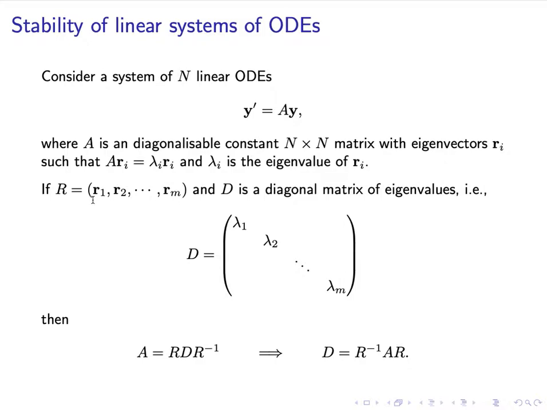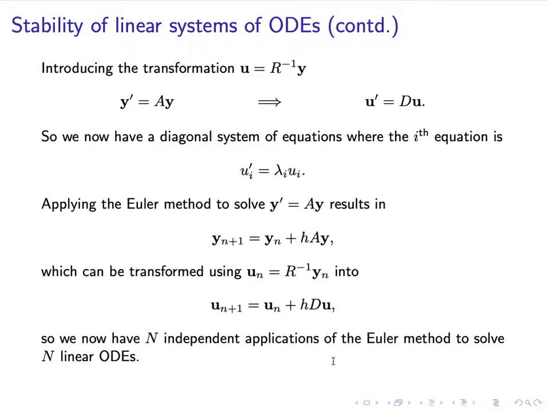So if we let R be a matrix formed by having each column of R be the eigenvectors of A, and D is a diagonal matrix of eigenvalues, like so, we can rewrite A using a linear transformation. So our diagonal matrix of eigenvalues D is equal to the inverse of R times our matrix A times R. Now this is a linear transformation, and that's important because we can apply a linear transformation to our original system.